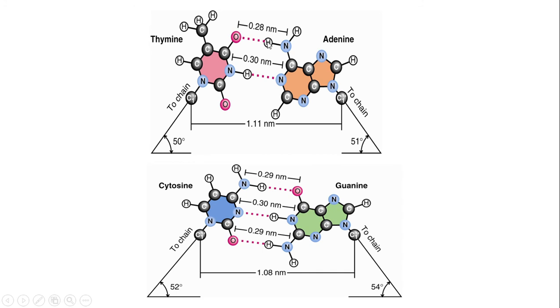You should be able to draw these too. But please take note, when A and T base pair, we've got 2 hydrogen bonds, and when C and G base pair, we have 3. And when we draw these structures together, we'll talk about those in more detail.